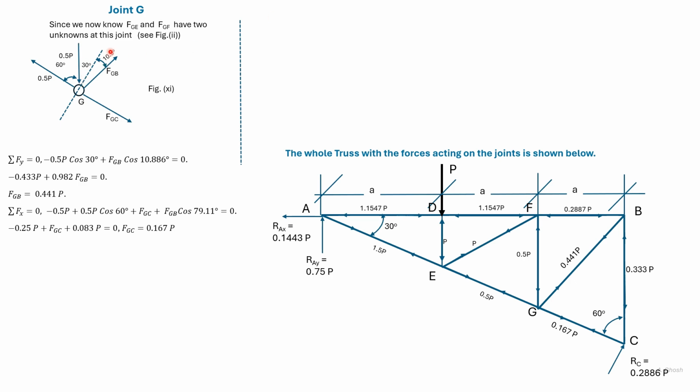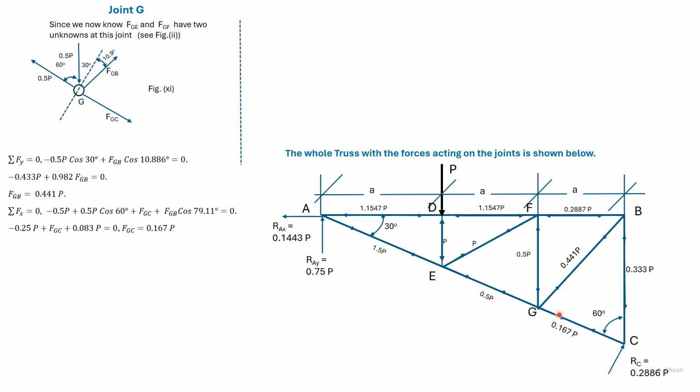Now solving forces along the dotted line, we get 0.5 P cos 30 is equal to FGB cos 10.9, which gives us the force FGB. Now solving forces in the horizontal direction, we can get the force FGC.